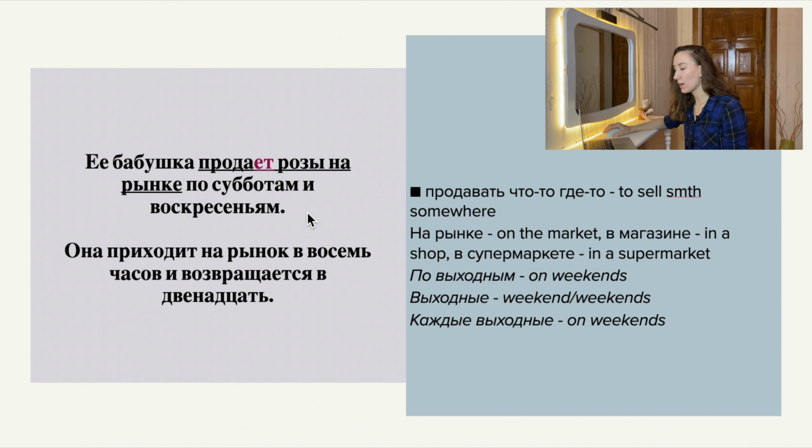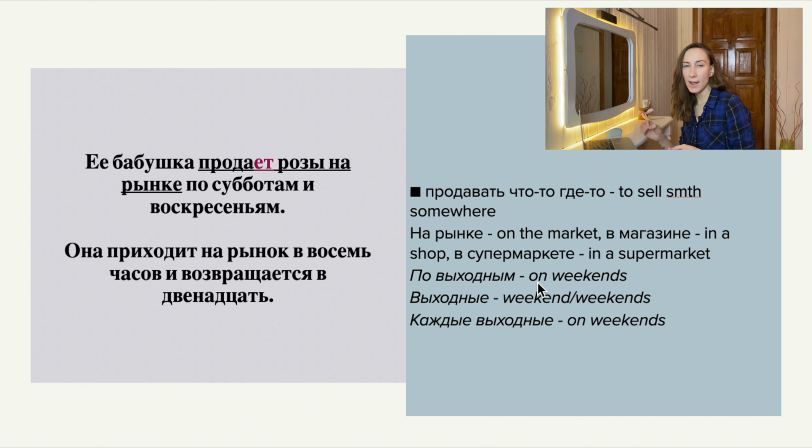And there is one more interesting thing in this sentence. Those are words суббота и воскресенье. In the English language, if we want to say something about just one Saturday and one Sunday combined together, we use the word weekend. But if we want to emphasize that some action happens on every Saturday and Sunday, we use the word weekends.